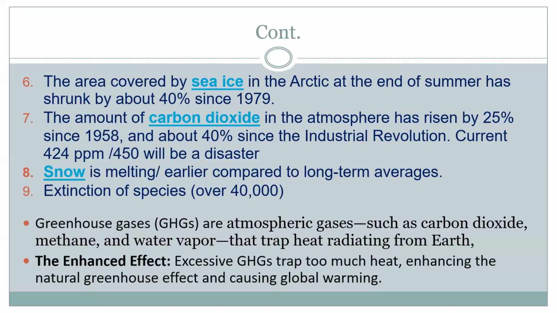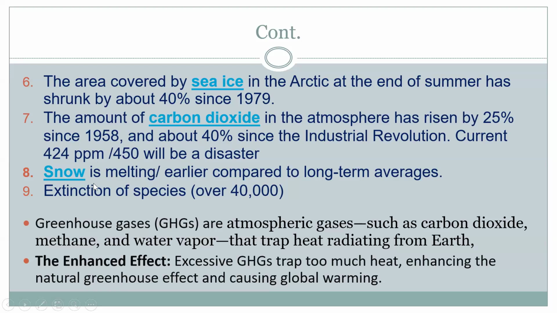Parts per million of carbon dioxide, if it goes beyond 450, it will be a disaster for people with respiratory diseases as well as normal people. So we are getting closer and closer.